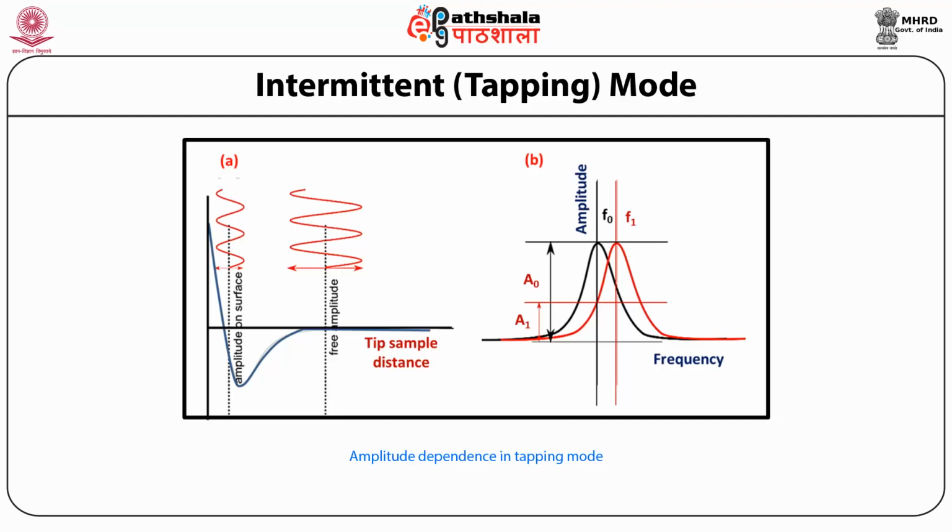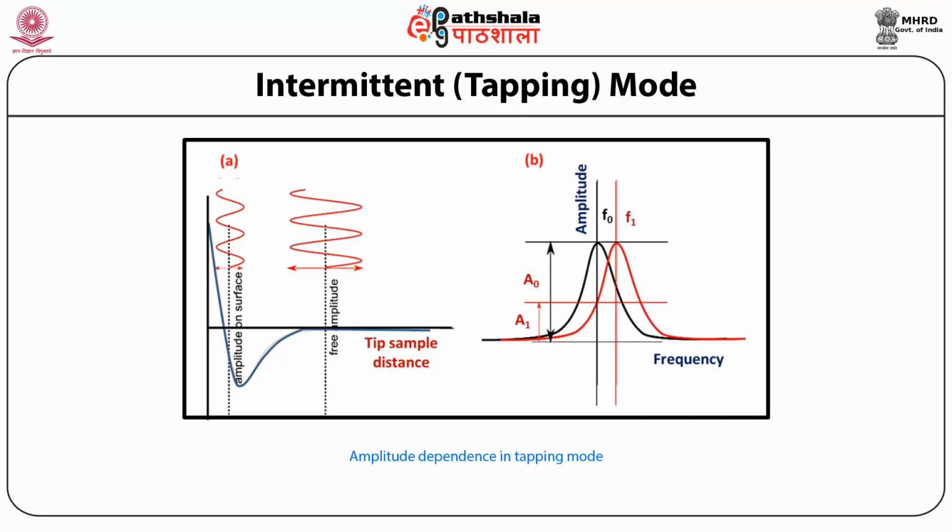Silicon probes are primarily used for tapping mode applications. The amplitude of the oscillation of the cantilever decreases as it approaches the surface of the specimen, as shown in figure 2a.